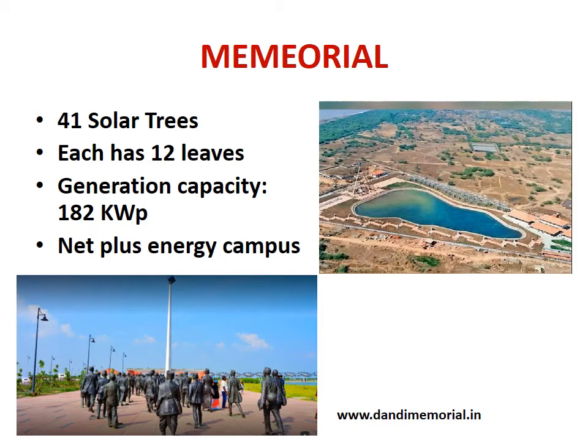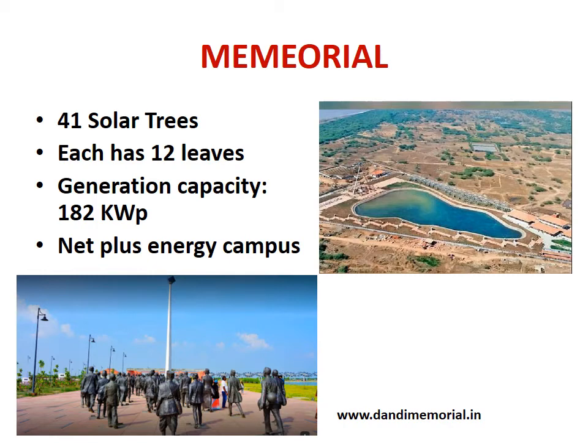And this memorial has 41 solar trees, each has 12 leaves as we have already discussed, and generation capacity is 182 kilowatt peak. And let me tell you that this is a net plus energy campus. It means that whatever amount of energy is being produced by solar trees, it is more than what is required in the campus.